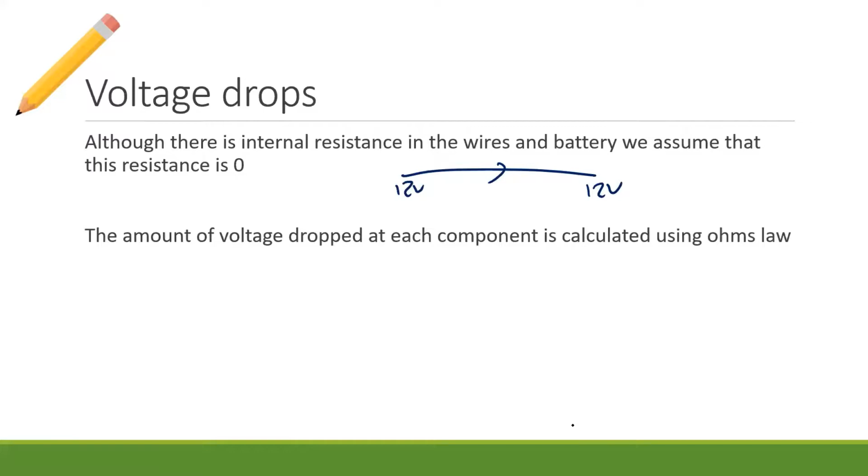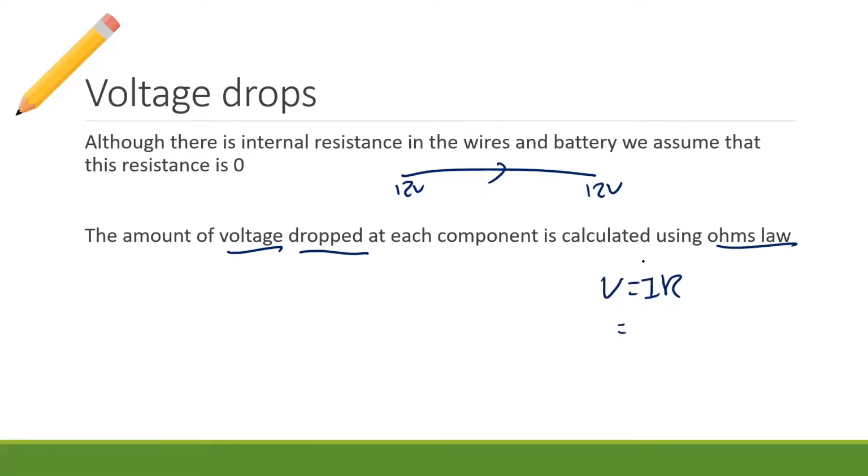But the point of this is that we just want to make our lives simple. We don't want to overcomplicate things. And then, similar to what Reese may have mentioned last lesson, the amount of voltage dropped at each component is calculated using Ohm's law. So V equals IR.